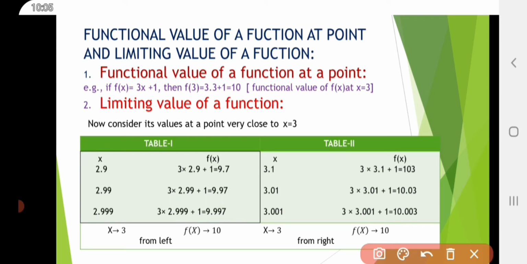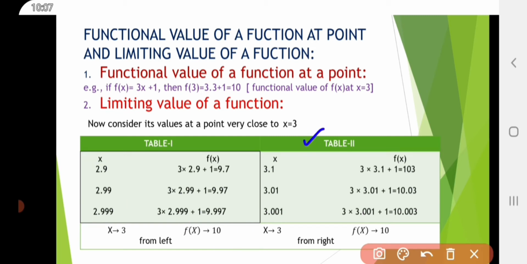Now you see, when we approach 3 from the left hand side, f of x approaches 10. First 9.7, then 9.97, then 9.997, which is very close to 10. So we can write, when x tends to 3, f of x tends to 10, right?